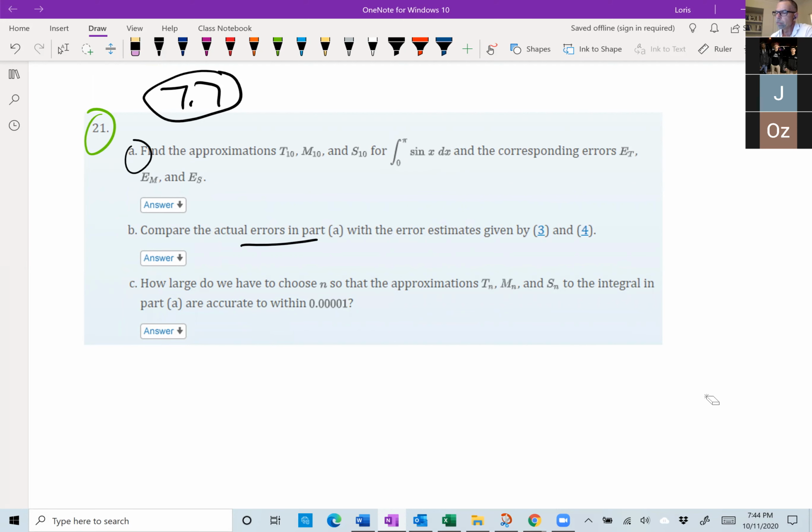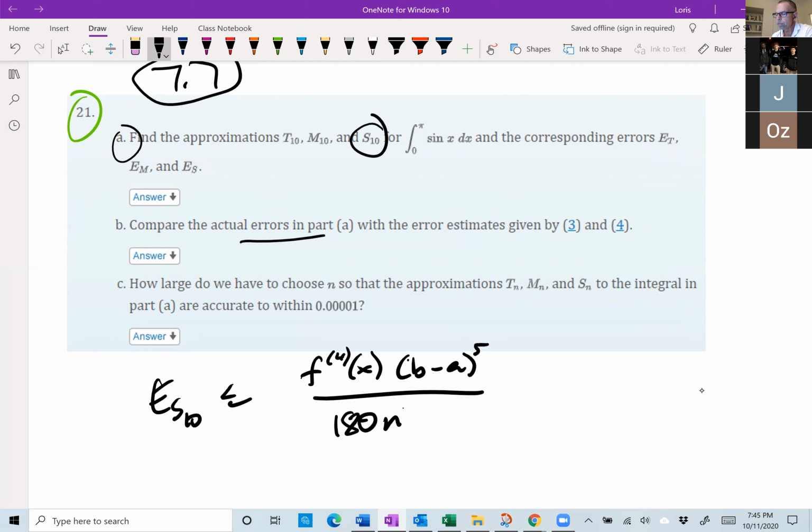Now we can do this directly, but they want us to give error estimates, and we'll look at S of 10. So S of n, so S of 10, the error associated with S of 10 is less than, I think it's K times (b minus a) to the 5th power over 180 n to the 4th or something like that. I never remember.